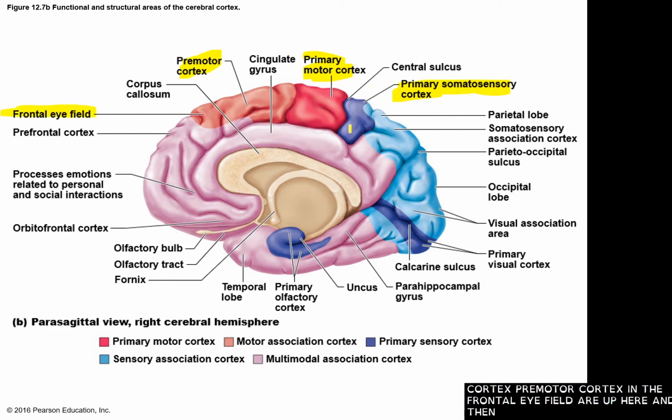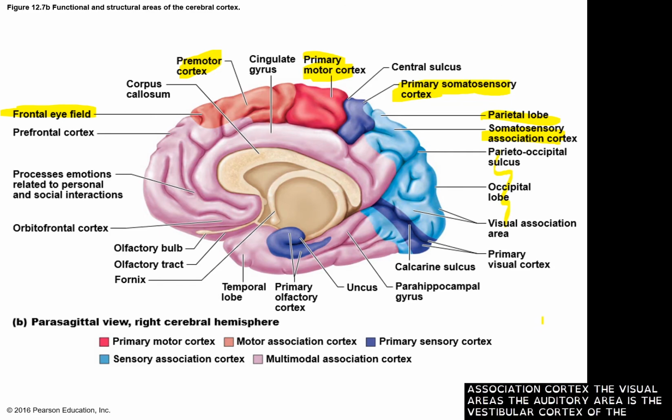And then back here now we have the somatosensory cortex, back here on the parietal lobe, the somatosensory association area just posterior to that, and then we get to vision back here. So I just wanted to show this as an intro to the sensory areas of the cerebral cortex, because we have the primary somatosensory cortex, the somatosensory association cortex, the visual areas, the auditory areas, the vestibular cortex.